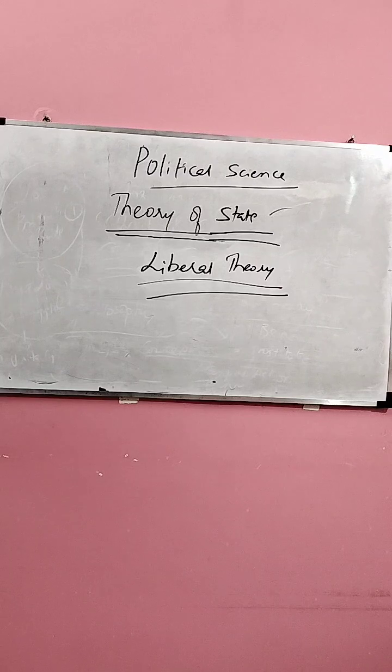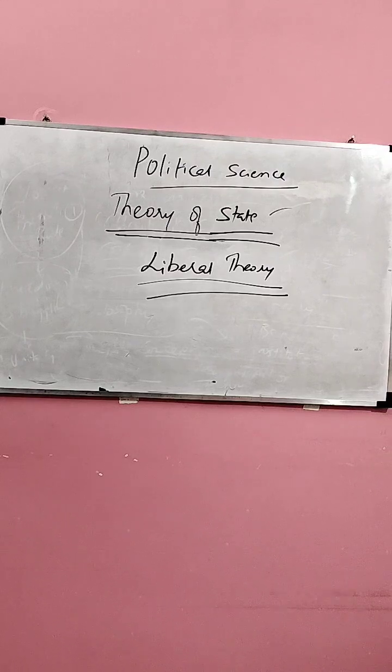Liberal theory itself is a product of the evolution of political philosophy from ancient period towards modern period. In the ancient period, divine theory and organic theory were the predominant theories of state. As we move from ancient period to modern period, the liberal theory emerged.